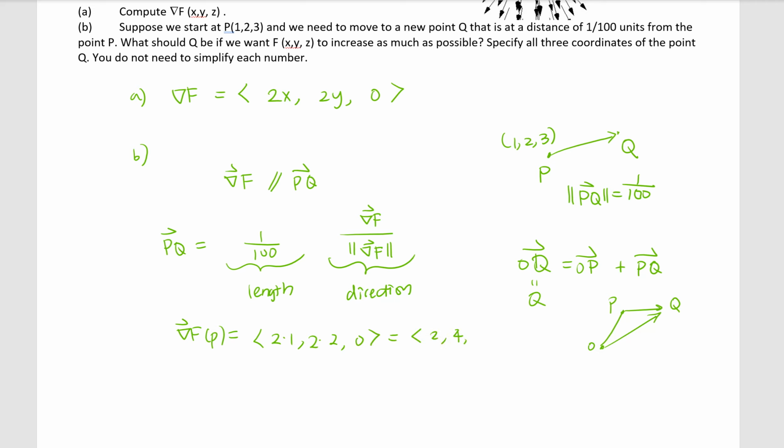So 2, 4, 0. And what is the magnitude of it? 2 squared, 4 squared, and 0 squared. 2 squared is 4, 4 squared is 16. Square root of 20 is the same as 2 root 5.